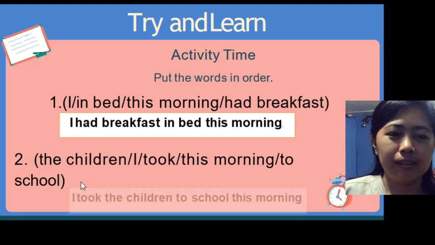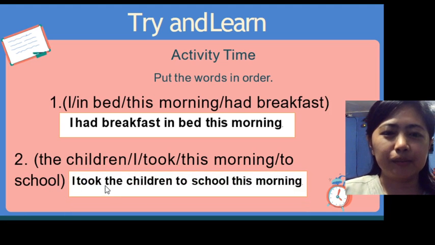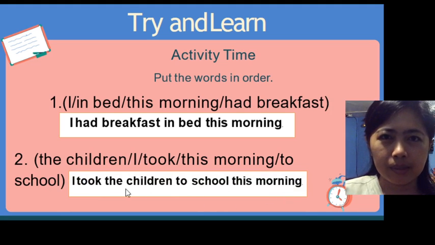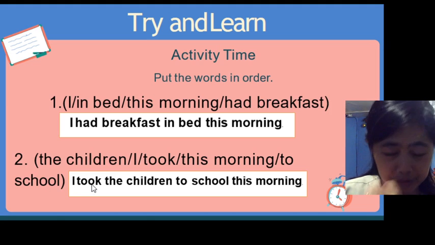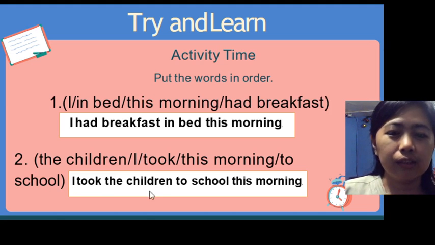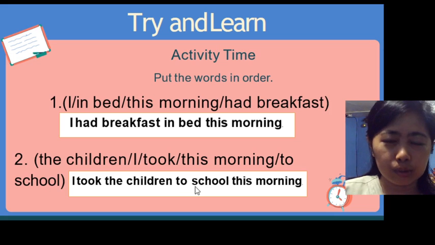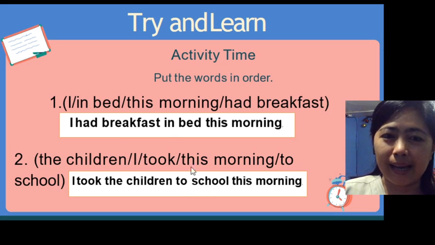Here is the answer. I took the children to school this morning. So I, subject, took, verb, the children, the object, to school, the place, and then this morning, time.